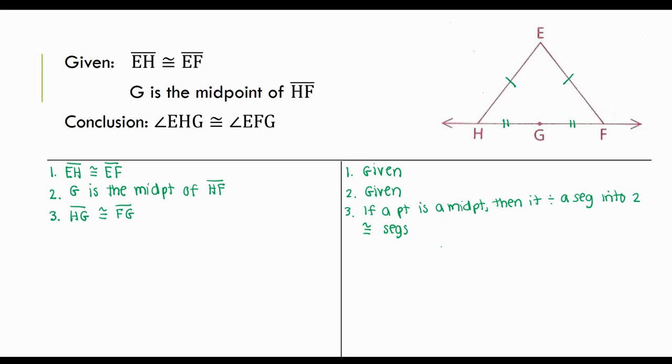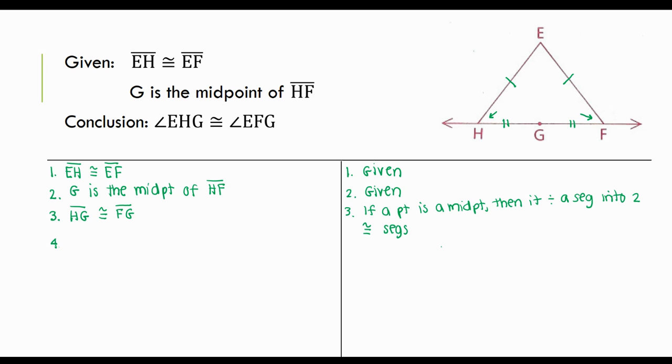Notice that I want to conclude that the angle EHG, which is this angle right here, is congruent to the angle EFG right here. Well, I can't prove that those are congruent until I have proven congruent triangles. Here's the thing, there's only one triangle in this picture, but we can very easily draw in a segment and create two triangles that we can then try to prove congruent.